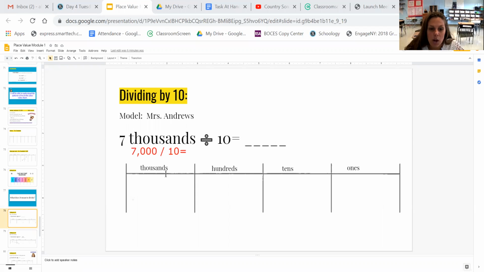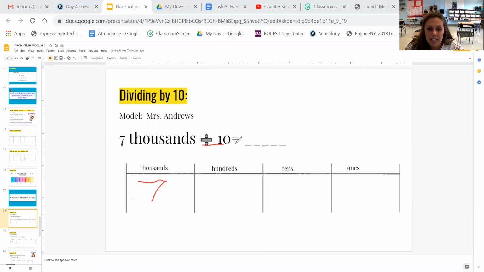So I'm going to first start by just putting that 7,000 in the thousands place. You can draw a picture of it. I know some people like to draw like, oh, I have 7 objects, and that's fine, whatever works for you. I personally just like to write the number 7 because it's just easier. Because I'm dividing by 10, that means I'm going to the right. I'm getting smaller.